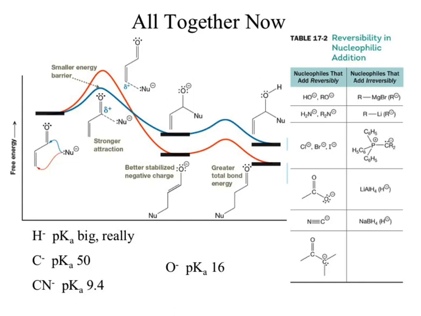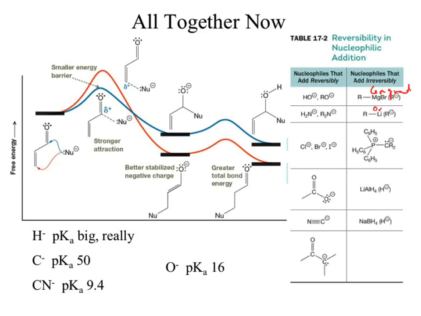When they add reversibly, what happens? Which product do we get? We get the thermodynamic. When they add irreversibly, we get the kinetic. And if we go through and look at our lists, okay, we've got the Grignard up at the top. That says Grignard.